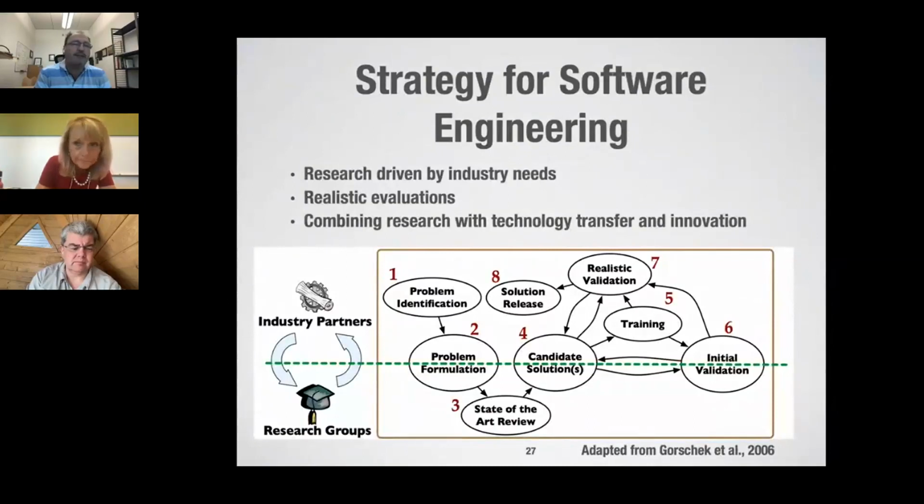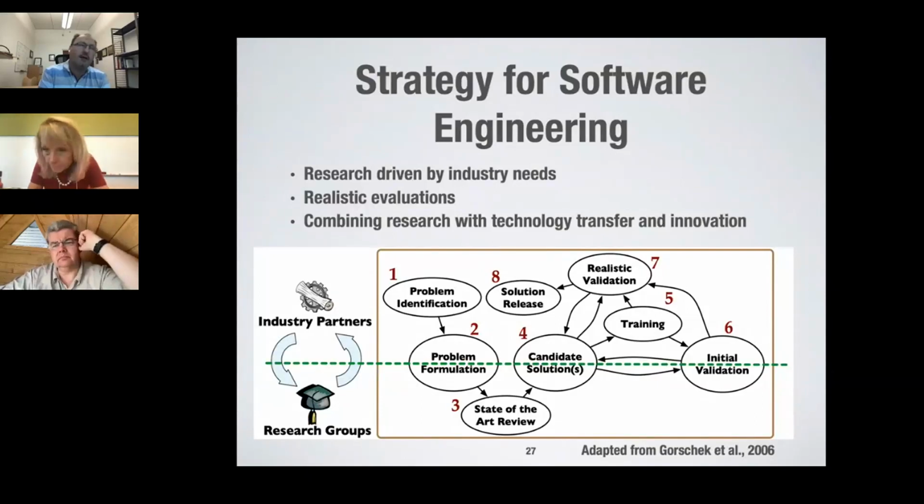We perform realistic validations, and we try to combine research with technology transfer and innovation by following a number of steps where we identify the problems with partners, we reformulate the problems in scientific terms, we perform a state-of-the-art review, identify gaps, devise candidate solutions, I'm going very fast here, perform some initial validation in artificial context at a low cost, and if obtaining promising results, move on to more realistic evaluations in project contexts, requiring some degree of training, and then eventually release a solution and iterate on those steps.